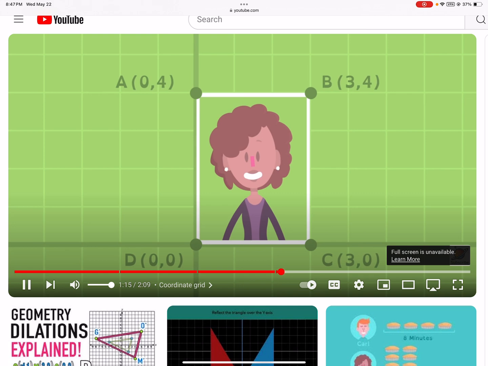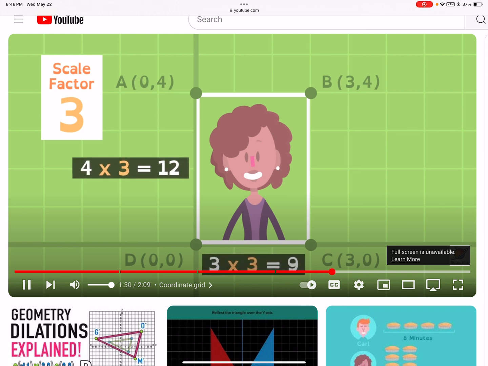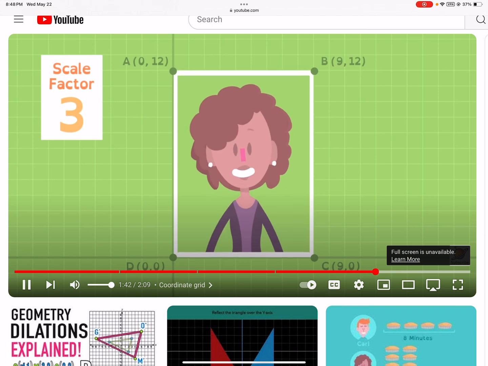A coordinate grid can help us see how this works. If the center of dilation is 0, 0, and the scale factor is 3, the horizontal distance from the center of dilation is 3, and the vertical distance is 4. Multiplied by a scale factor of 3, the horizontal distance becomes 9, and the vertical distance becomes 12, stretching the shape 9 units to the right of the center of dilation and 12 units up.